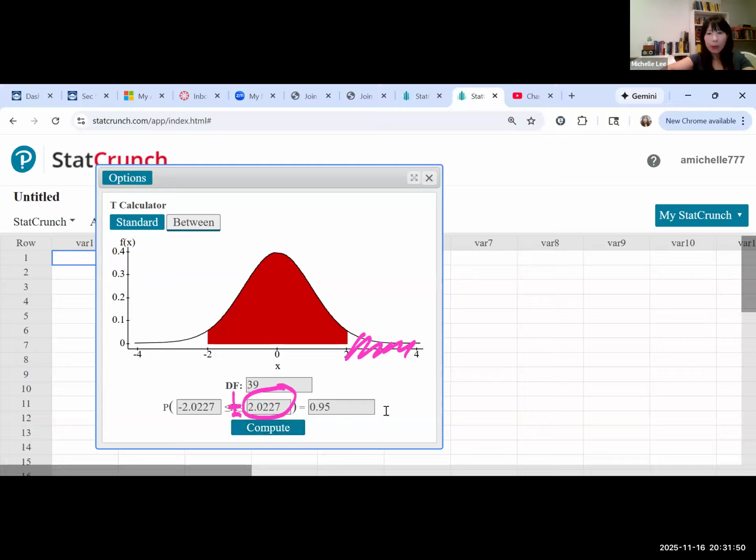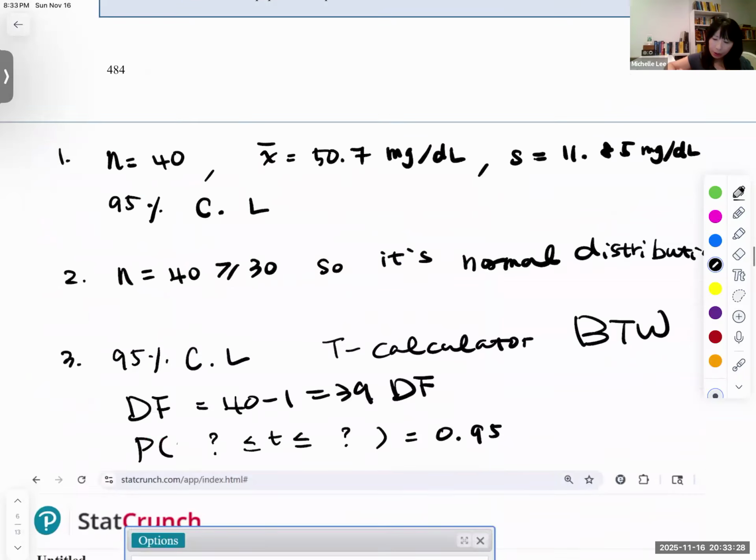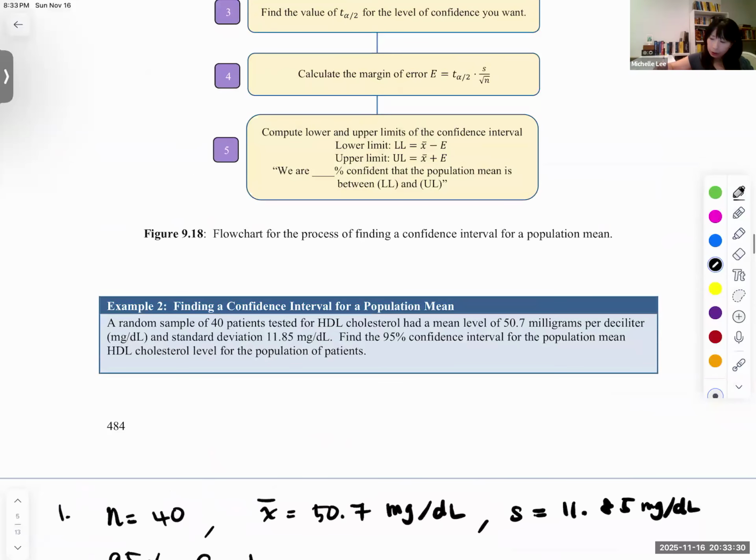Okay, let's go back. All right, number four, we are going to find the margin of error. Basically, the t critical value times the standard error.